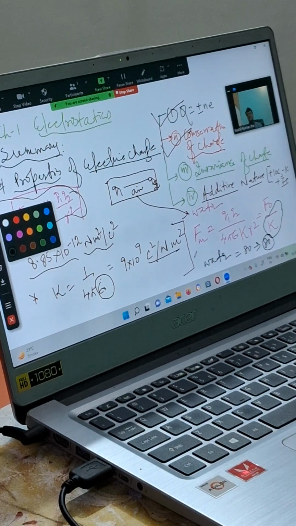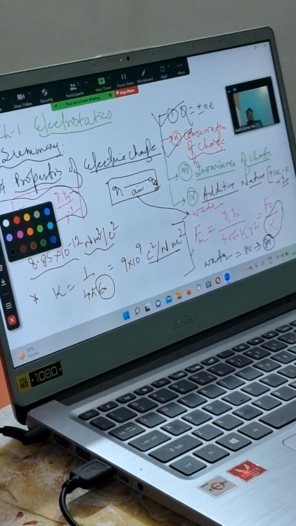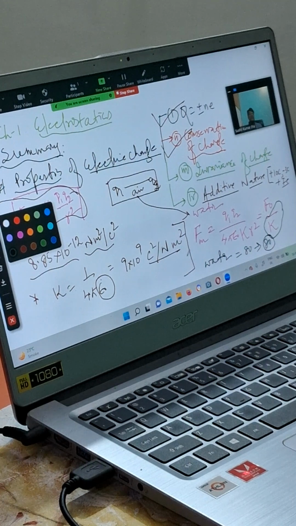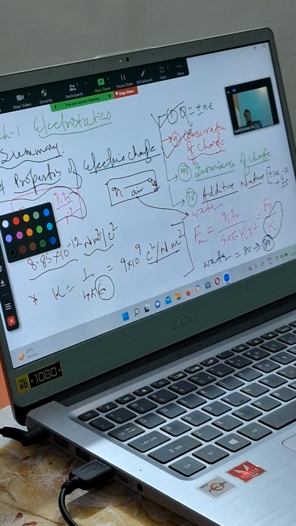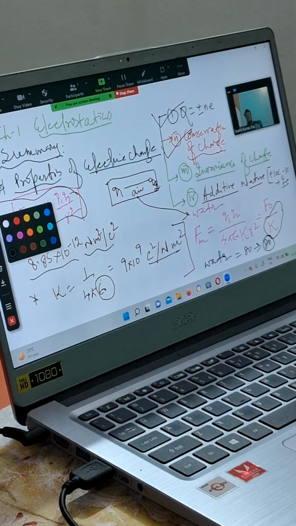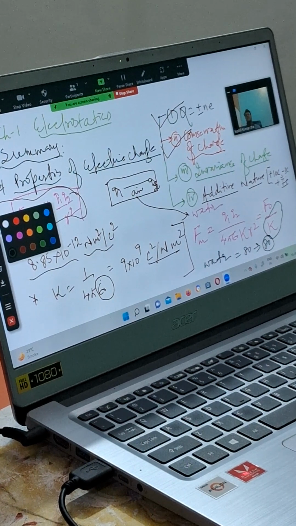So this concept must be kept in mind, that if the charges are kept in a medium, then the force between them reduces by a factor of K. Accordingly we can calculate. So let us look into the next topic of this chapter.